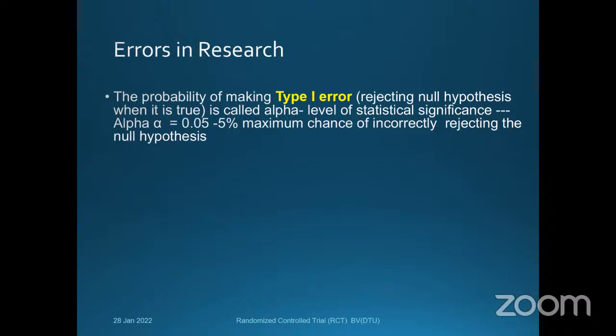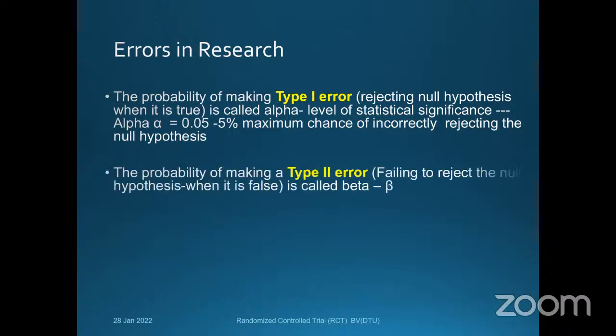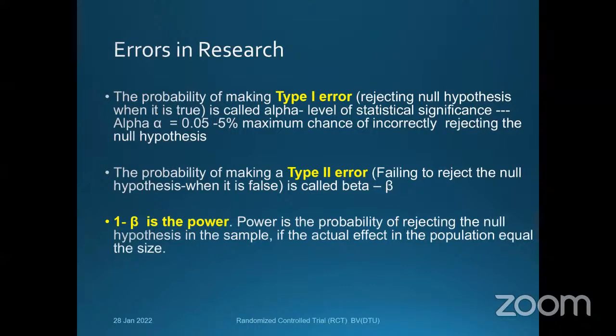That is a 5% maximum chance of incorrectly rejecting the null hypothesis. The probability of making a type 2 error, failing to reject the null hypothesis when it is false, is called beta. And 1 minus beta is the power. Power is the probability of rejecting the null hypothesis in the sample, when the actual effect in the population equals the effect size.